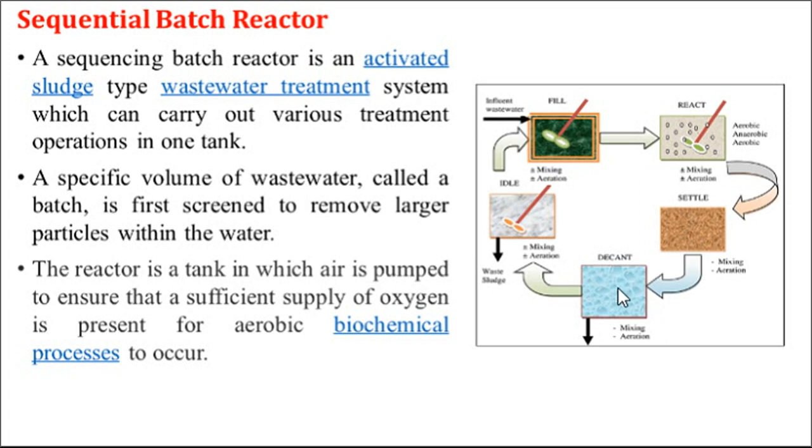Then the decant stage: the supernatant treated sewage is taken out, and the bottom sludge, we can say excess sludge, is wasted, and depending upon the food to microorganism ratio, the remaining sludge goes to the next batch process. Here again, oxygen is supplied for that sludge. In this way, this cycle repeats in a single tank, and that's why it is called a sequential batch reactor.